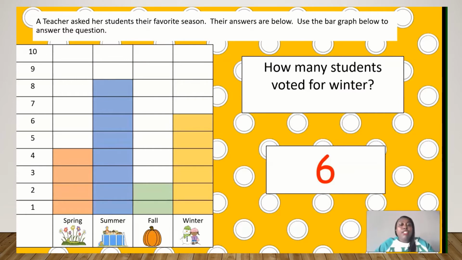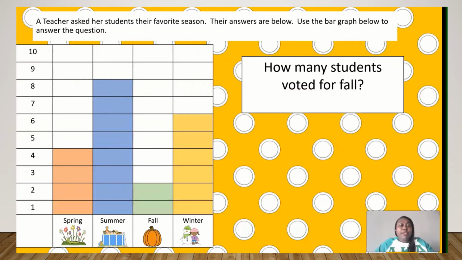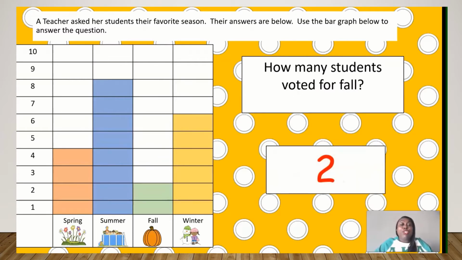There are 6 students that like winter. Here's another question. How many students voted for fall? Fall is represented by the pumpkin. You're right. Only 2 students voted for fall.